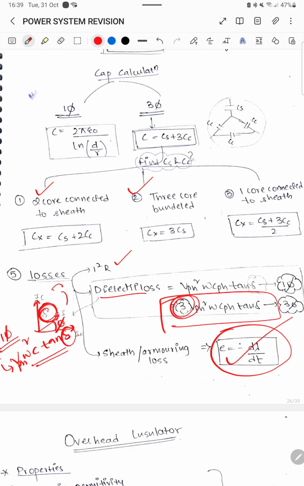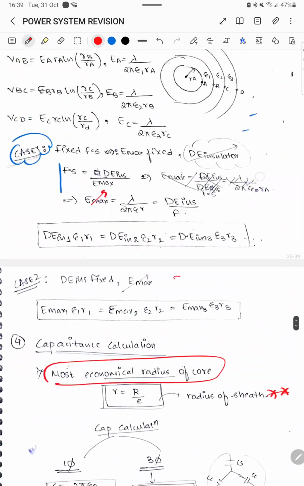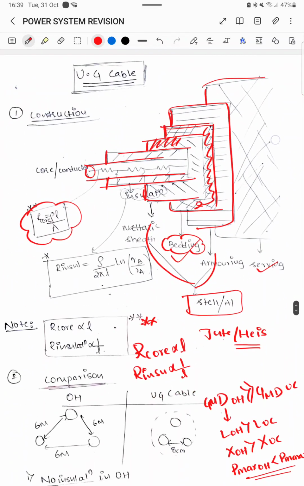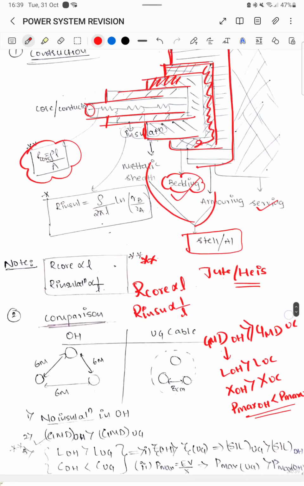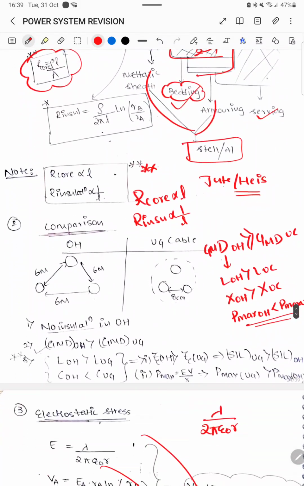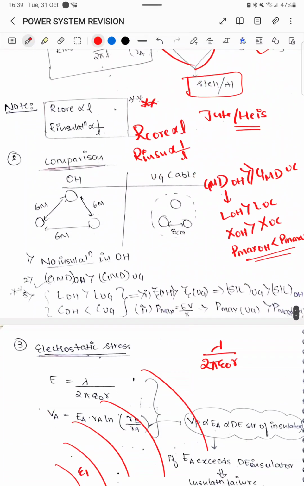So to wrap it all up, in UG cable, we have seen construction. We have seen that R conductor is directly proportional to N and insulator is inversely proportional to L. We saw that the overhead line GMD will be much greater than underground cable, and that's why Pmax of overhead will be much lesser than underground cable.